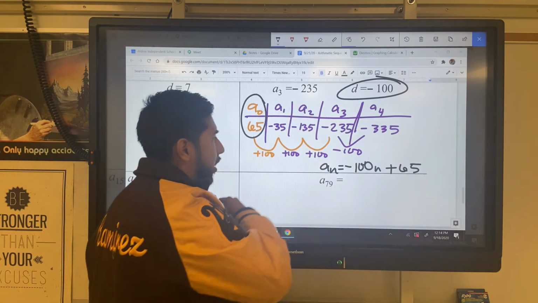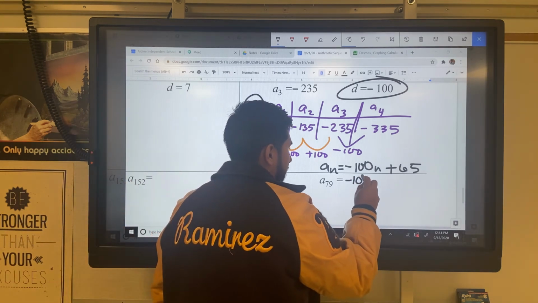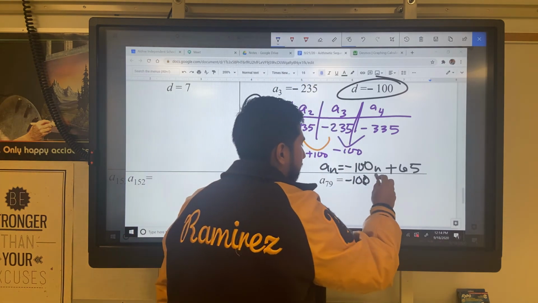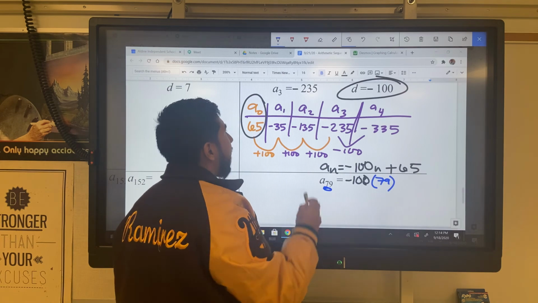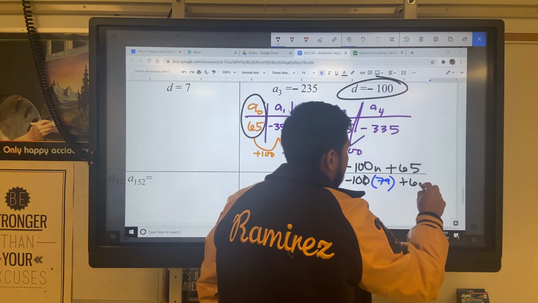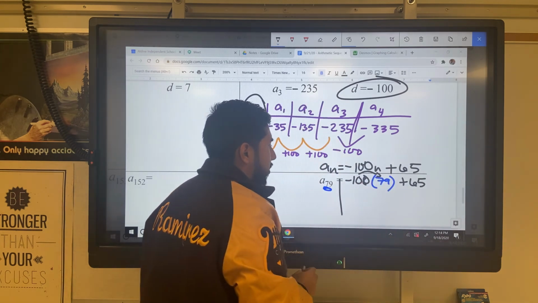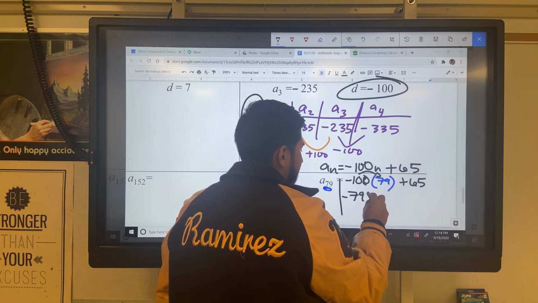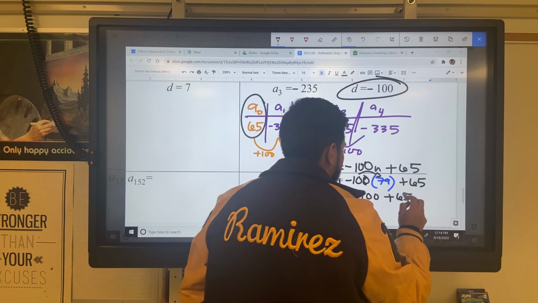So then, let's do this real quick. Negative 100. Instead of the n, I want to put 79. Where did I get the 79 from? It's right there. Plus 65. Negative 100 times 79 is negative 7,900 plus the 65.